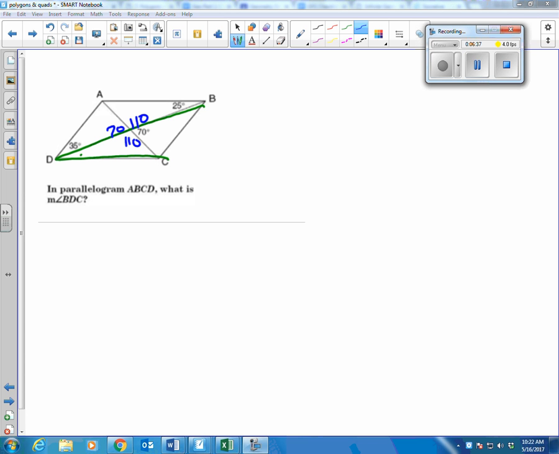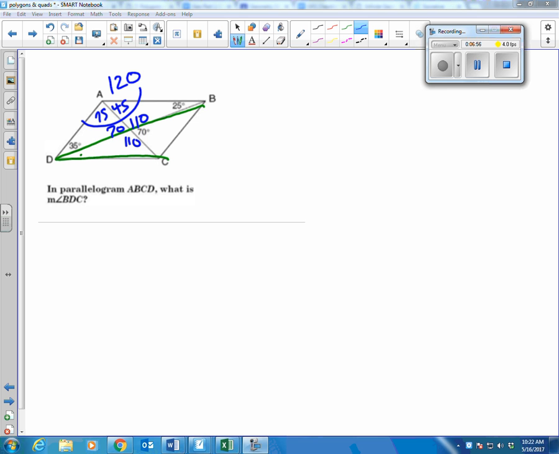Because this makes up a triangle, the 35, 70, and the third angle that we can figure out is 75. And then we have another triangle up here, so we got a 110, a 25, which will make this 45. So this whole angle together is 120.